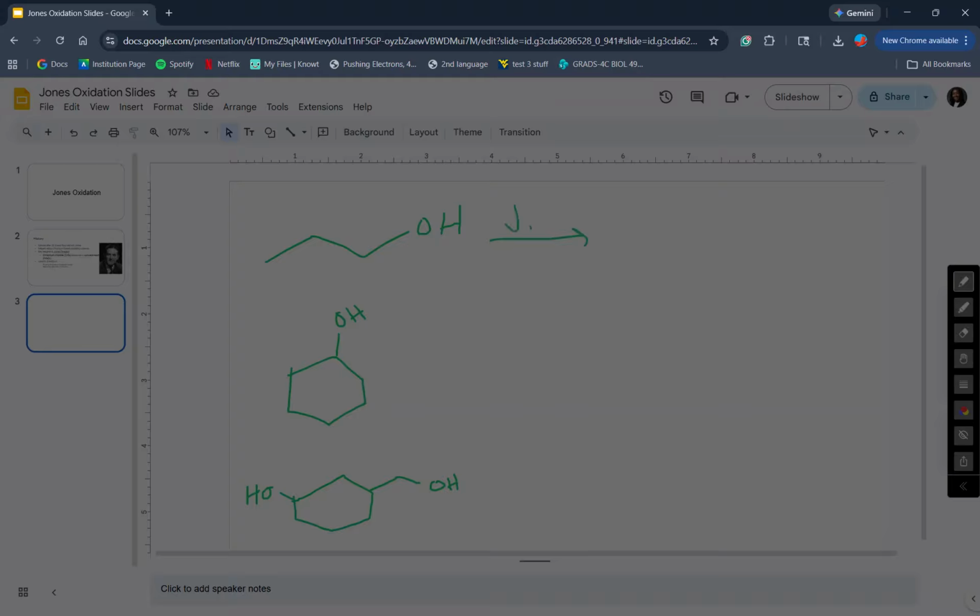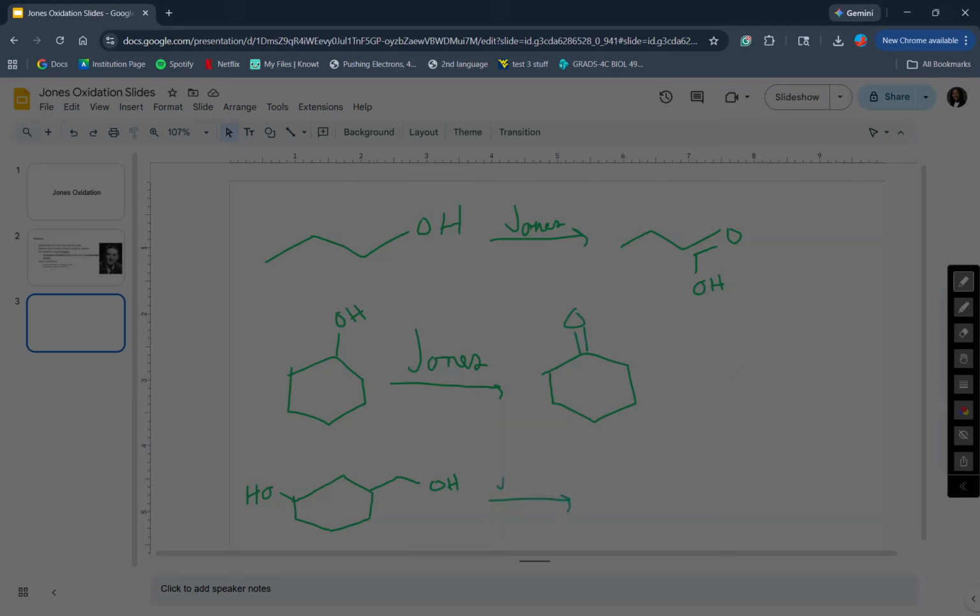If we use Jones reagent, we're going to have the formation of a carboxylic acid because it took a primary alcohol to a carboxylic acid. Now, if we use Jones here, we are going to form a ketone. Just like in the mechanism we just did, a secondary alcohol will always become a ketone.